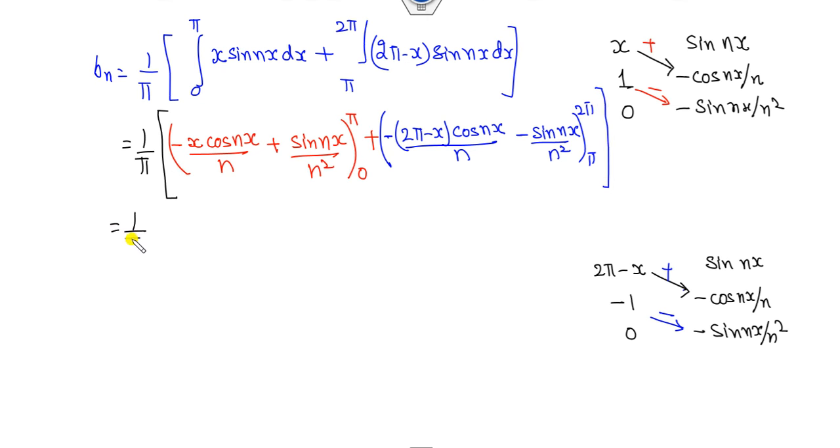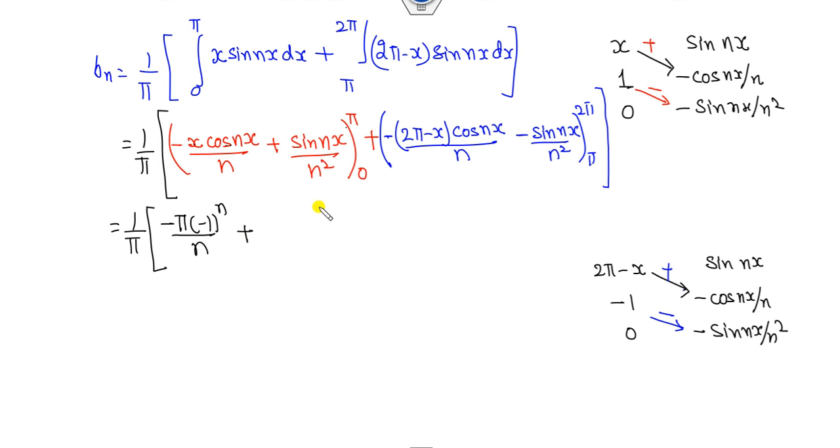So it will be 1 over pi. When you substitute pi, it's minus pi times minus 1 raised to power n over n. Sine n pi will be 0. When you substitute 0, it's 0 times 0, which is 0. Plus, when you substitute 2 pi, it's 0. When you substitute 2 pi, sine n pi is 0, and sine 2n pi is also 0.